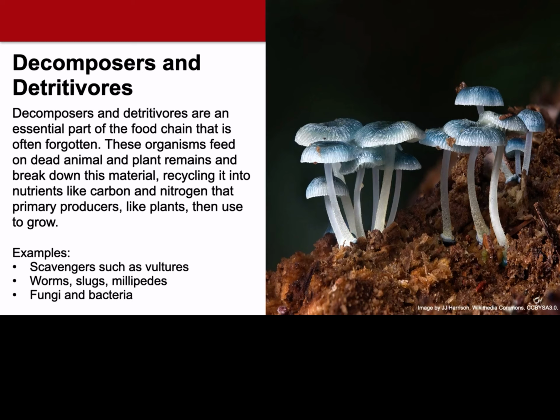Examples of detritivores include earthworms, slugs, and sea cucumbers. Finally, although maybe not technically detritivores, scavengers like vultures are also an important part of the food web, as these organisms eat large quantities of dead and decaying organic matter.